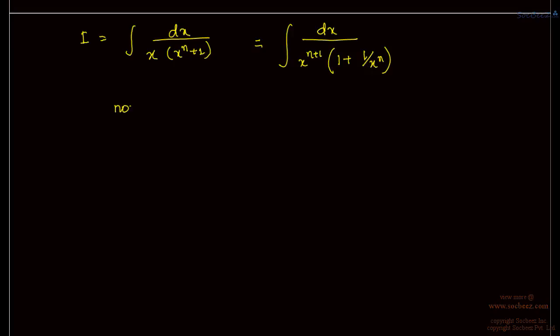Now, if we substitute t is equal to 1 plus 1 upon x to the power n, then dt is equal to x to the power minus n, that is, x to the power minus n plus 1 upon minus n plus 1. Okay.